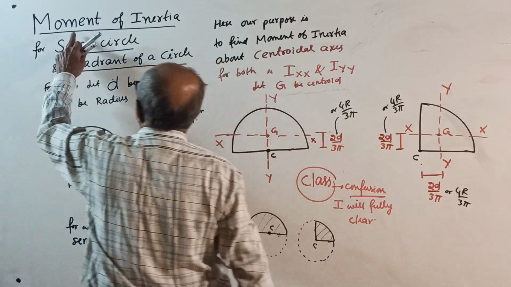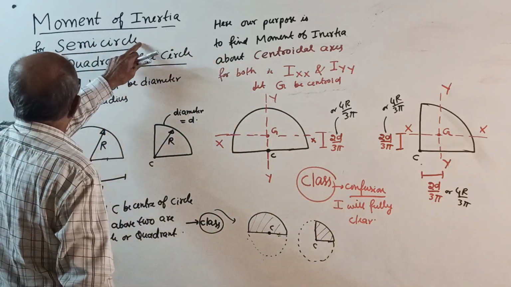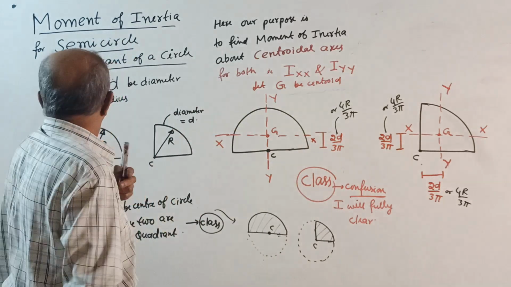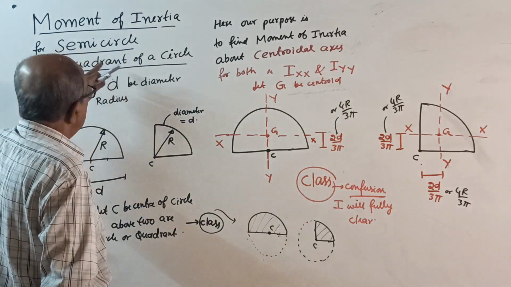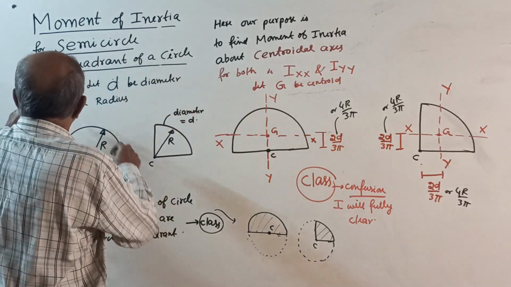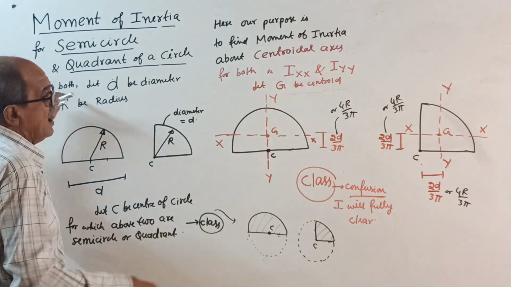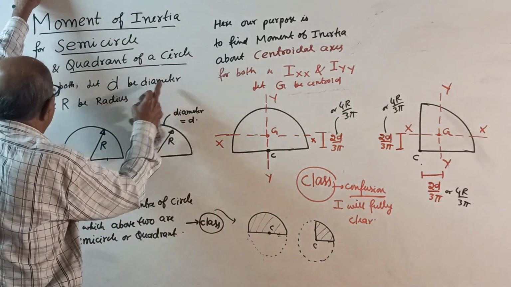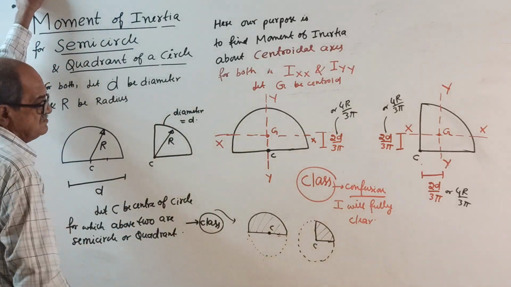Now come to the moment of inertia for a semicircular area, or an area in the form of a quadrant of a circle. For both, to save time, as I told you many times earlier, let d be the diameter and r the radius.